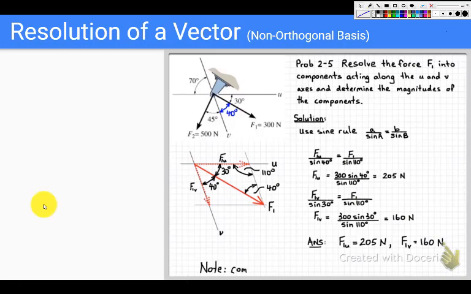And remember that components do not have to be at 90 degrees, although most often that's what we do calculate, but in this case our components are not at 90 degrees to each other. And as you've seen in this problem, knowing all of your angle relations, trigonometry and geometry that you should have learnt in high school is very important for solving these engineering mechanics problems. And you thought all that stuff that you learned in high school was useless, didn't you?